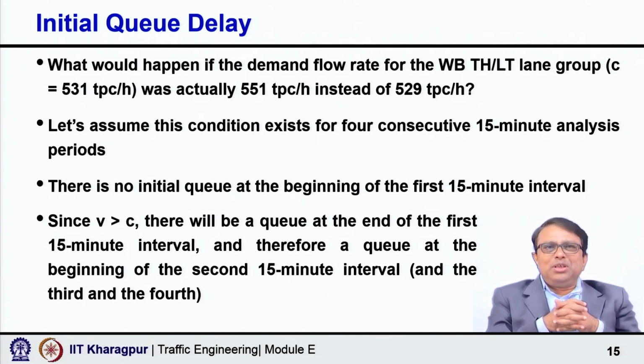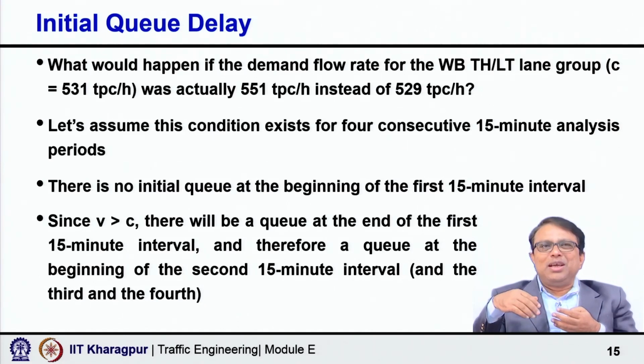There will not be any initial Q in the beginning of the first 15 minute interval. But then since V is greater than C, there will be Q at the end of the first 15 minute interval, and therefore at the beginning of the second 15 minute interval, and eventually in the beginning of the third and fourth 15 minute intervals, there will always be a QB value.